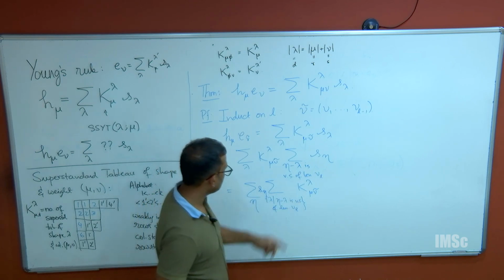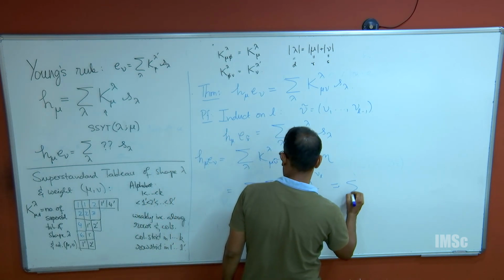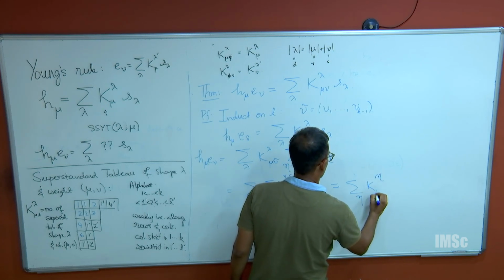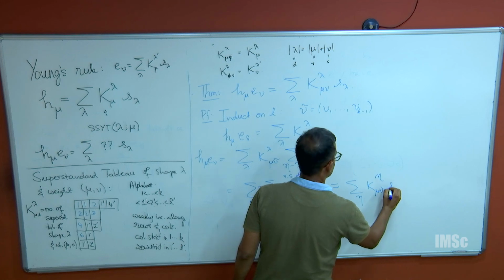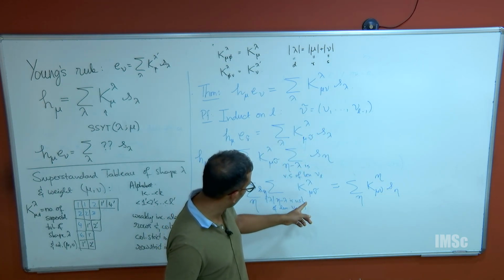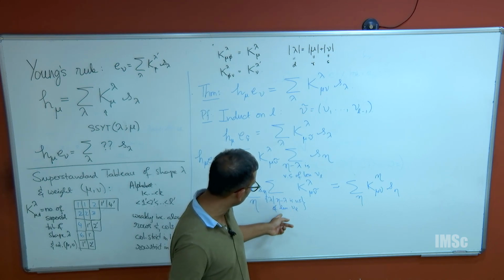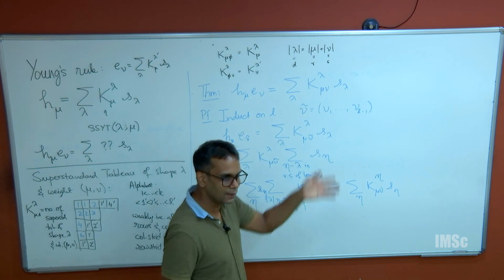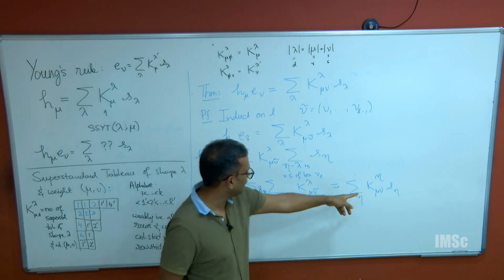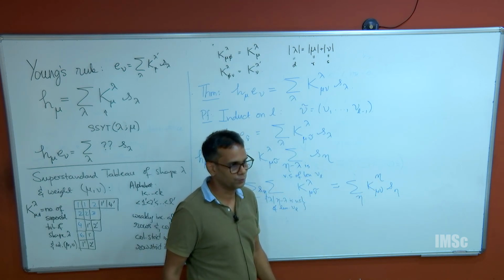But this is the same as K_{ημν} s_η, just because if you have a λ such that η minus λ is a vertical strip, you just put l prime in all those new boxes, and that will give you a super standard tableau of shape η with weight (μ, ν).